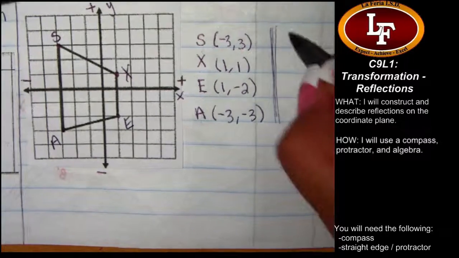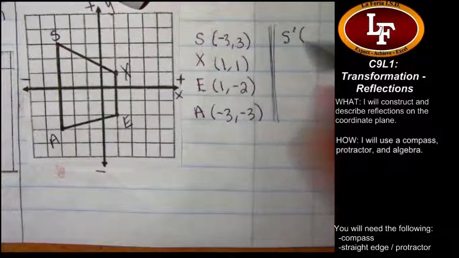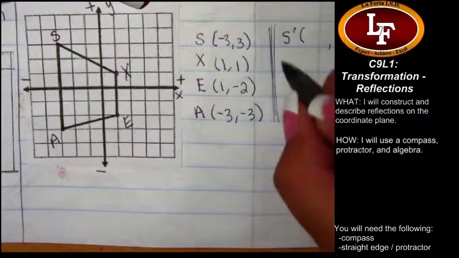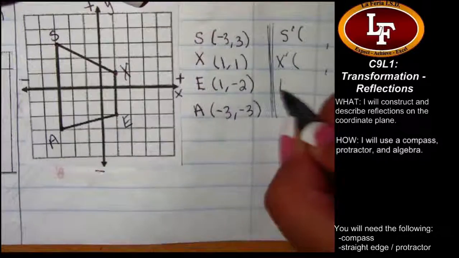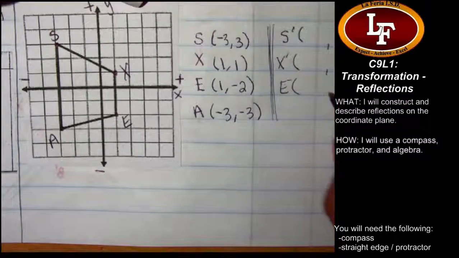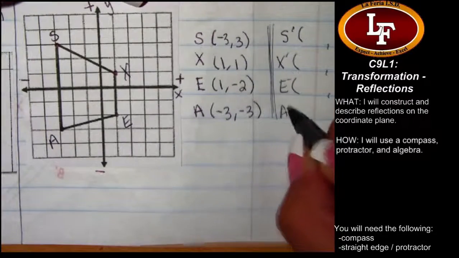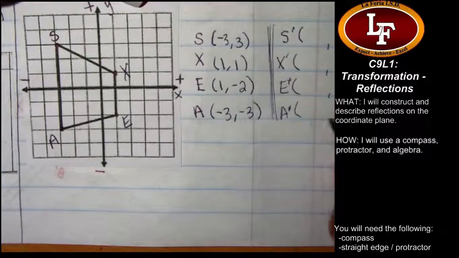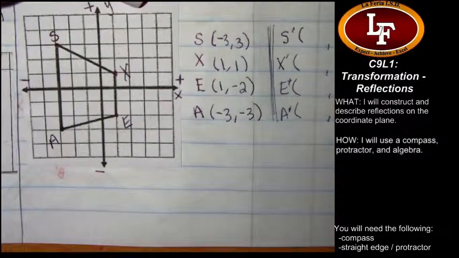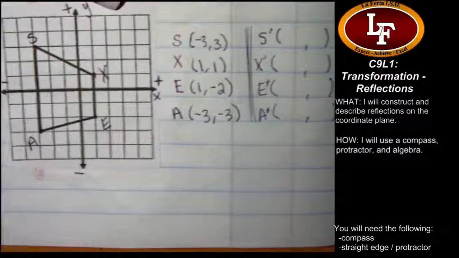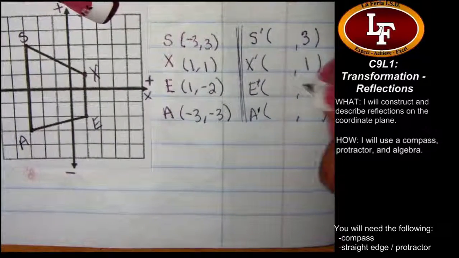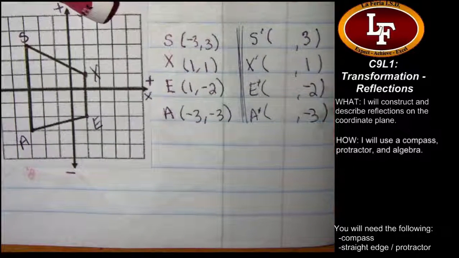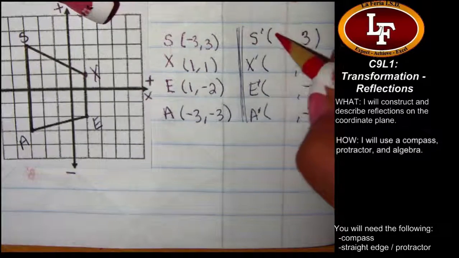The x coordinate. So go ahead and do that right now for all of your coordinates. I'm going to leave the y coordinates alone. And then I'm going to change my x coordinates.